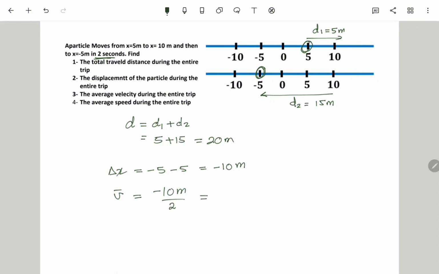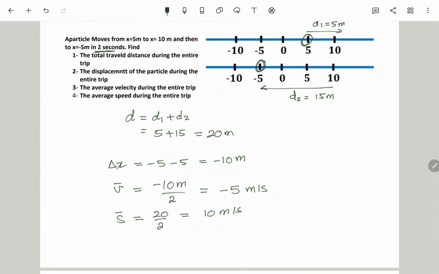So it's equal to minus 5 meters per second. Now the average speed during the entire trip is equal to total distance, 20, over 2, which is equal to 10 meters per second.